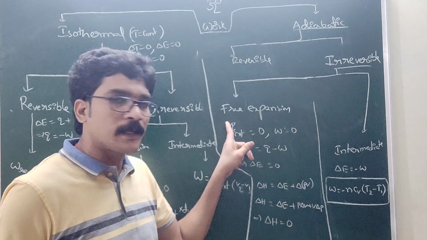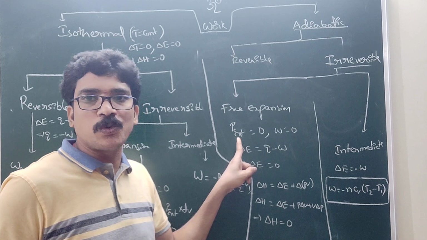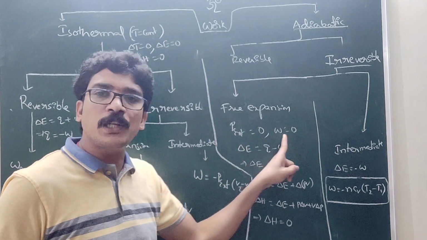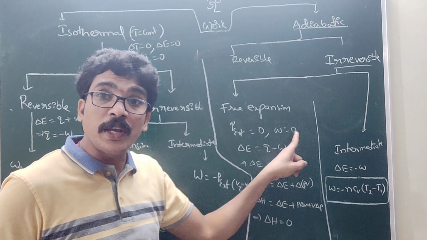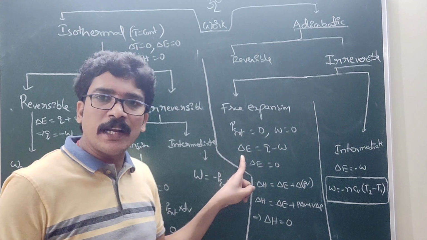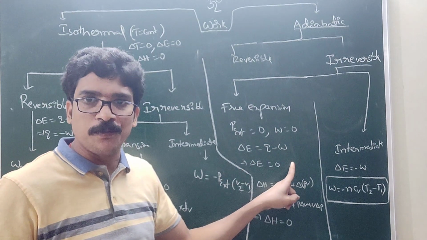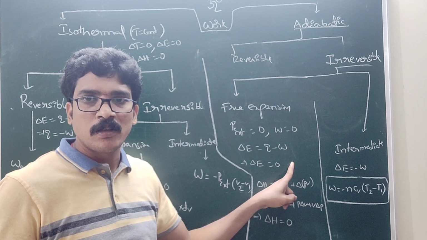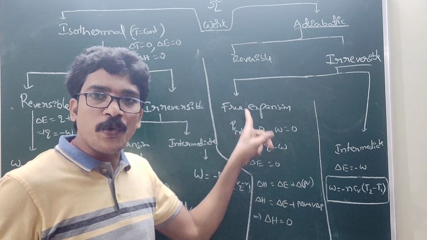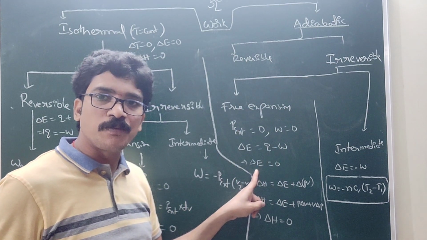In free expansion, external pressure is equal to 0. Then work becomes 0. We know according to the first law, delta E is equal to Q minus W for expansion. In an adiabatic process, Q is 0. Now in free expansion, work is 0, then delta E becomes 0.